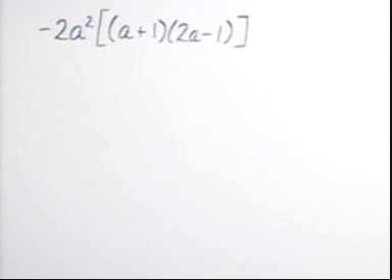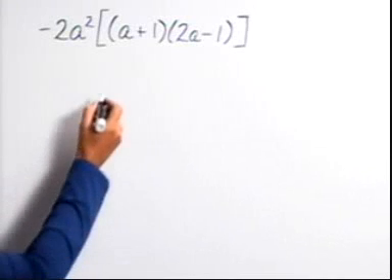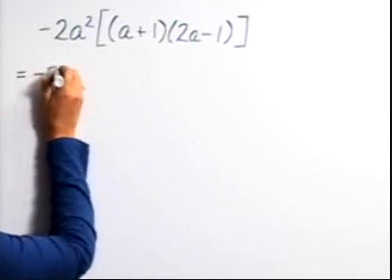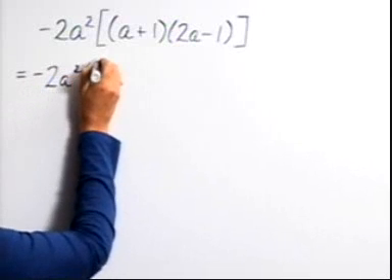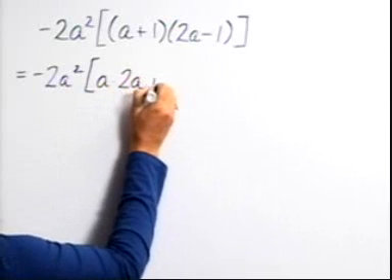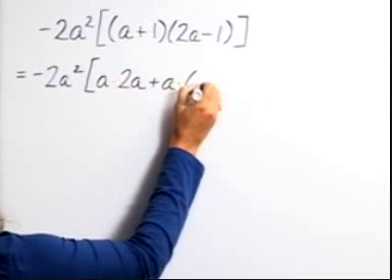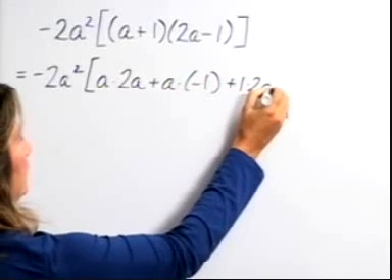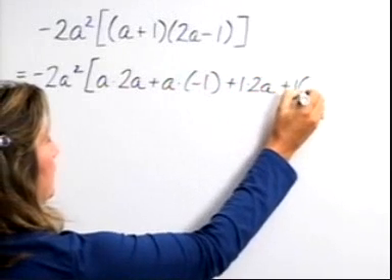Multiply negative 2a squared times a plus 1 times 2a minus 1. We'll start by multiplying inside of our brackets. So we'll have a times 2a plus a times negative 1 plus 1 times 2a plus 1 times negative 1.